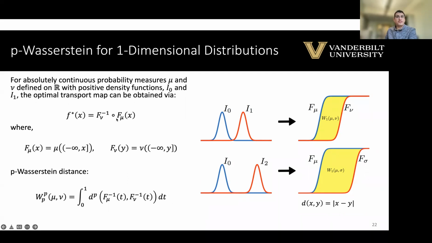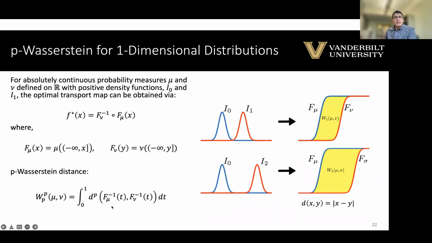So this F mu and F nu are simply the cumulative distributions, right? Defined as mu of negative infinity to x and nu of negative infinity to y. And then the p-Wasserstein distance can be simply calculated as the distance between the inverse of these CDFs, or the quantile functions, as they are sometimes called in statistics.